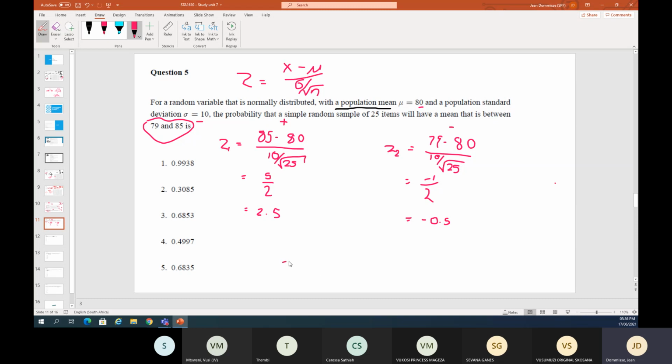Okay, so then what I need to do is get the probability between minus 0.5 and 2.5. That is my 0 normally, and that is 2.5. So I need to get that probability.